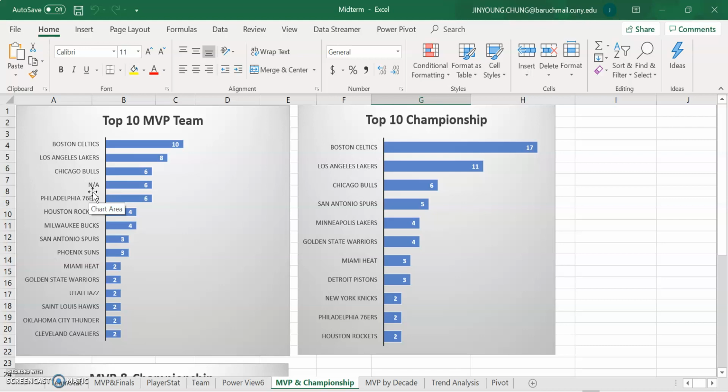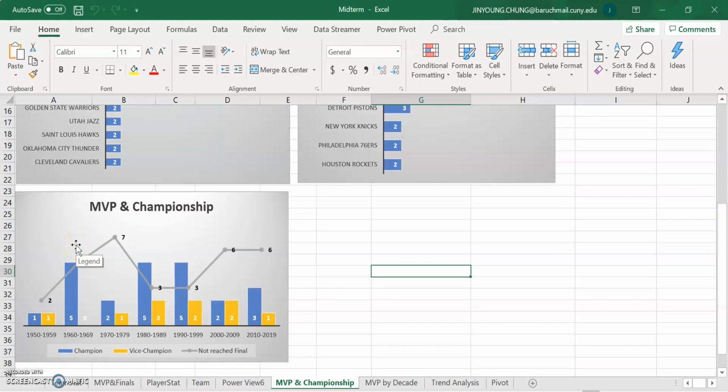To better understand the relationship, I created the third graph that shows how far an MVP could lead the team by each decade. The blue bar represents the number of teams that have MVPs and won the championship in a specific year. The yellow bar is for the number of teams with MVPs that were runner-up in a specific year, whereas the gray line graph shows the teams that did not reach the final with an MVP on their team.